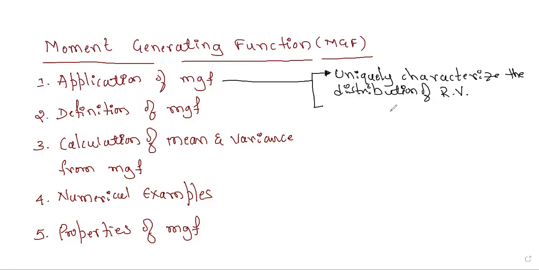What do you mean by uniquely characterize the distribution of a random variable? It means that with the help of the MGF, we can find which distribution a particular random variable follows.